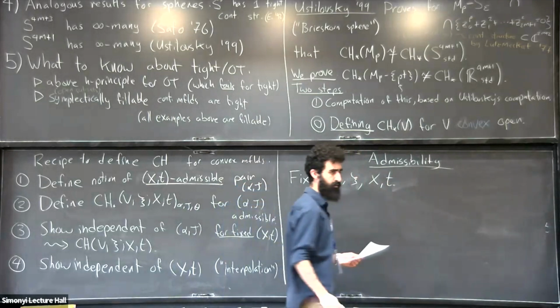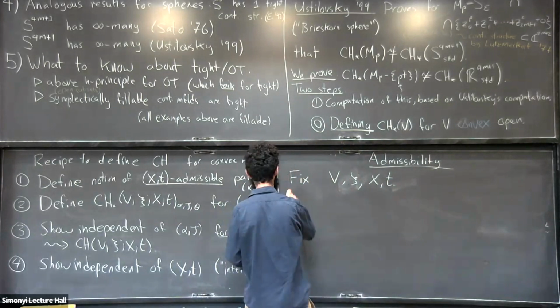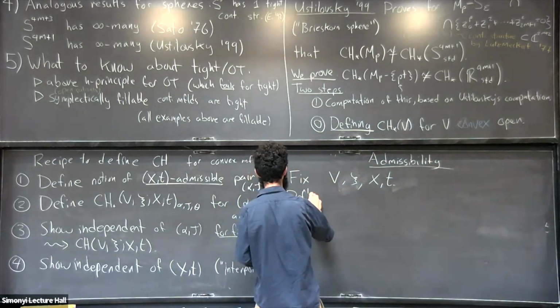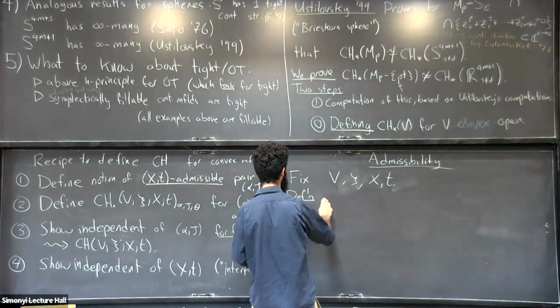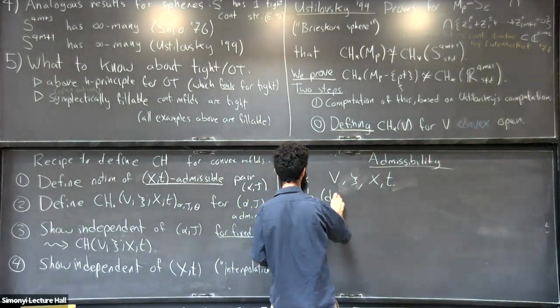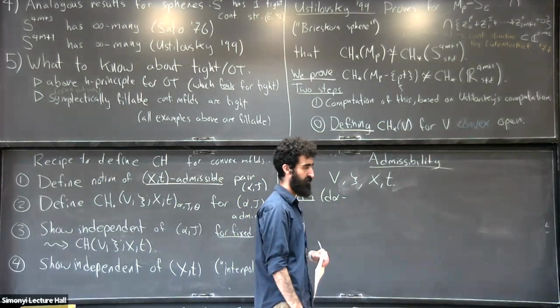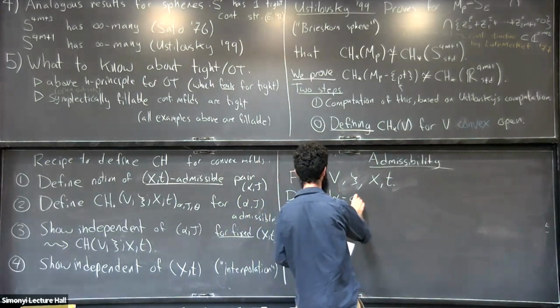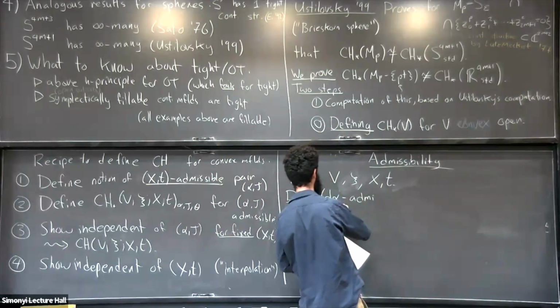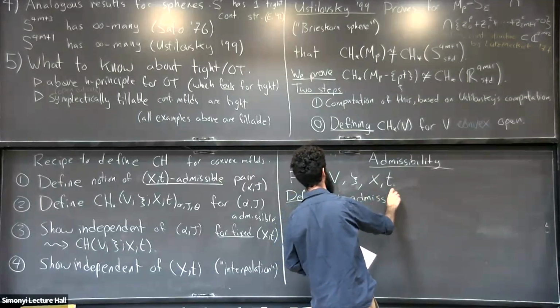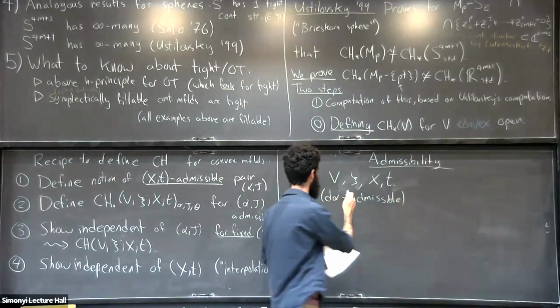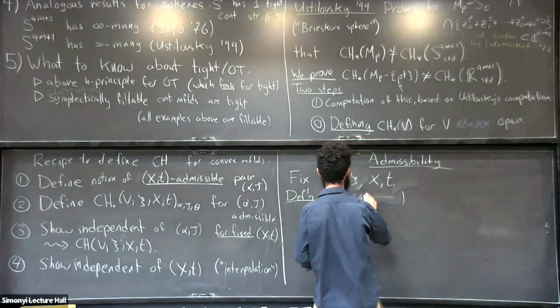I'll give the definition of J being admissible because it's very simple. Saying things a bit out of order here, but assuming that we had fixed an alpha, we want to consider J's which are alpha compatible, as usual.